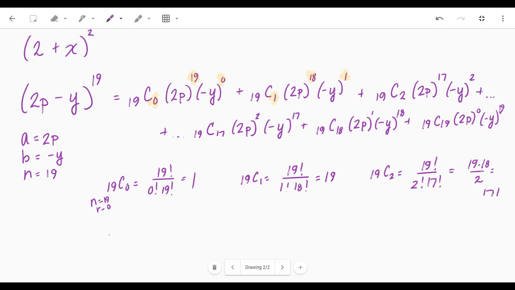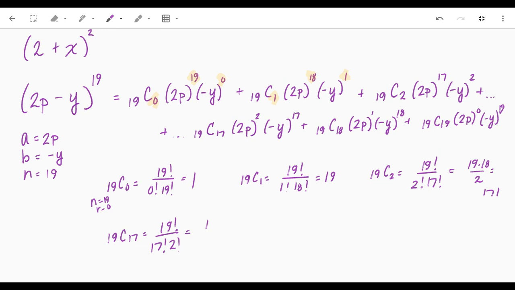So 19 choose 17 would also be 19 factorial over 17 factorial times 2 factorial, which is the same thing as 19 factorial over 2 factorial times 17 factorial that we just did.